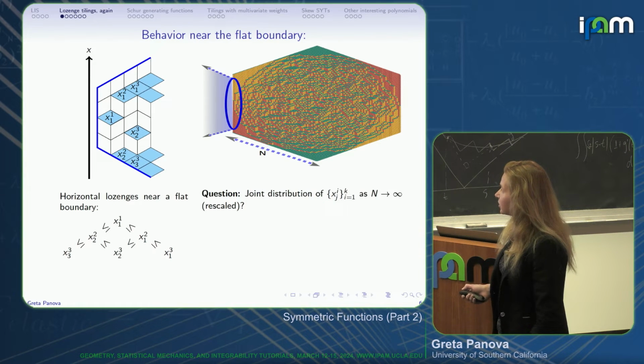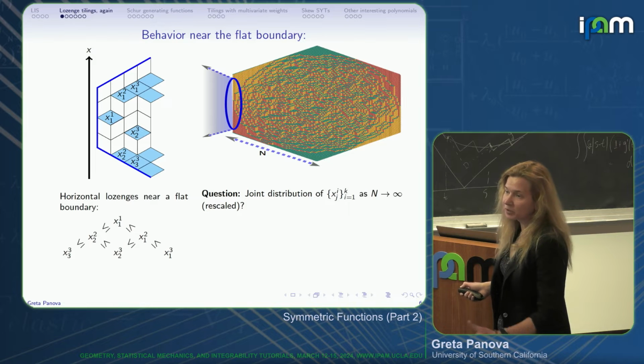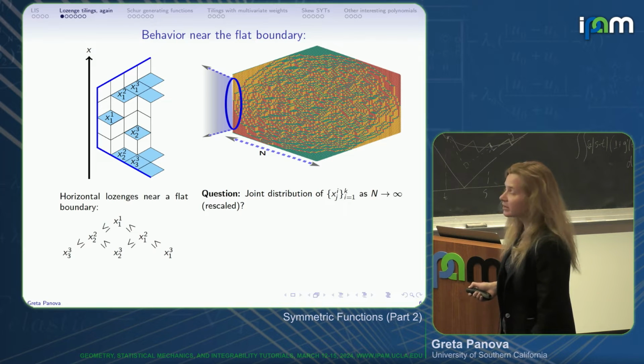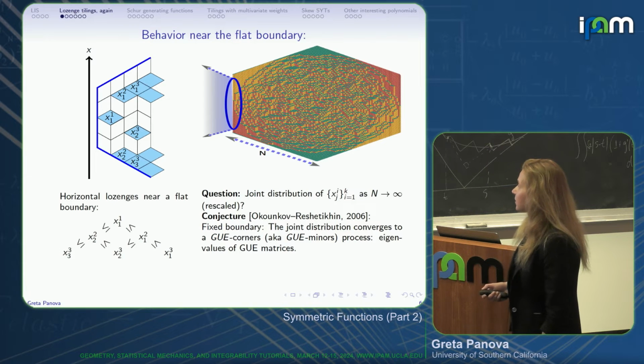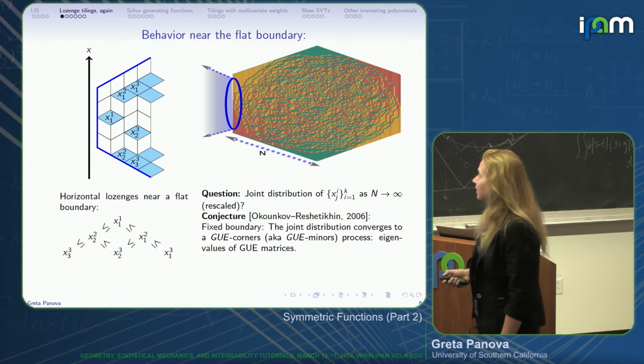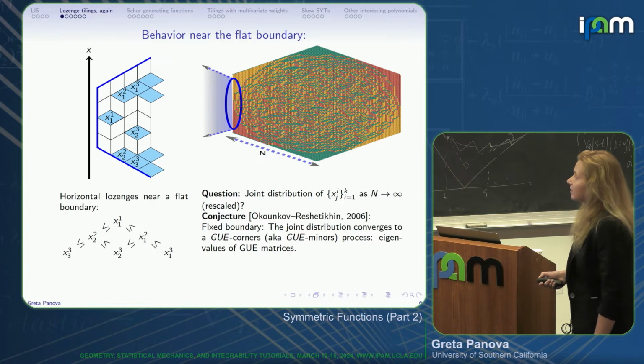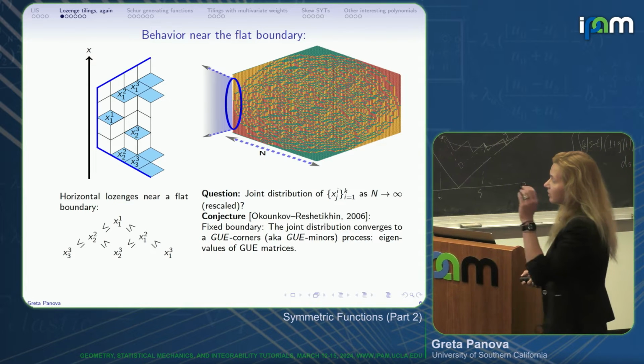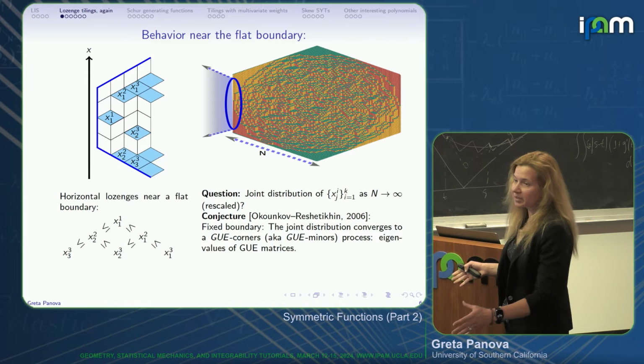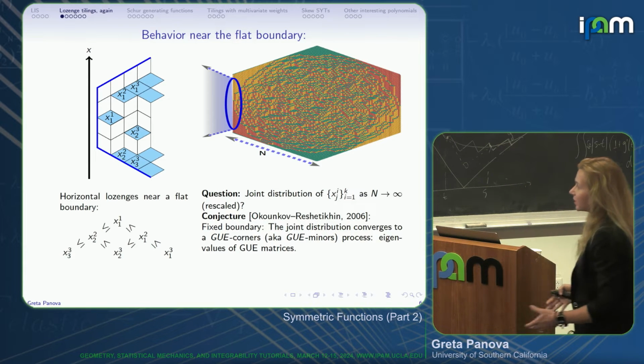So what is the joint distribution of these numbers with the appropriate shifts, rescalings, and so on? It was conjectured by Okounkov and Reshetikhin that this thing converges to the Gaussian unitary ensemble, again, the same random matrices.